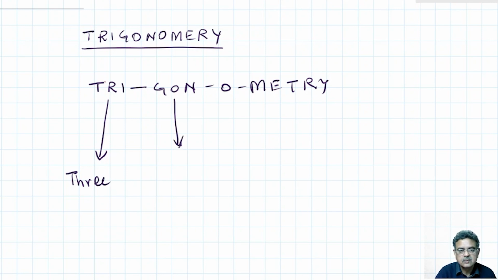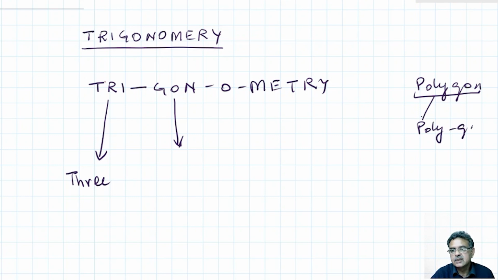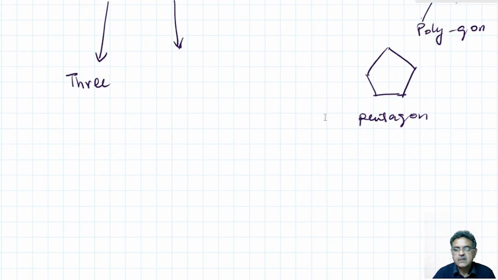Now "gon", what do we mean by gon? We can understand gon from the word polygon. I hope you know what we mean by polygon. This is again a combination of two words, poly and gon. Polygon, such as pentagon. Penta means five, and gon means side. Pentagon means a five-sided figure.